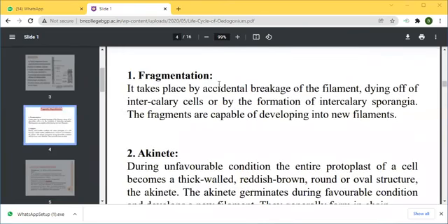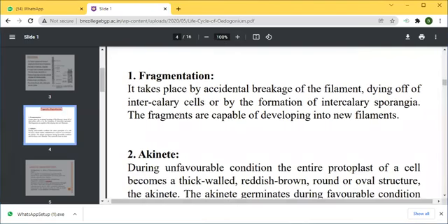One is fragmentation and the second one is akinetes. What is fragmentation? It takes place by accidental breakage of the filament. Sometimes the mother filament accidentally breaks down.